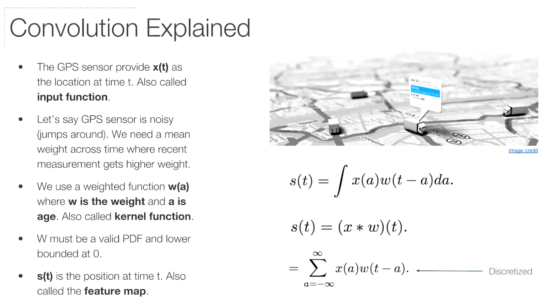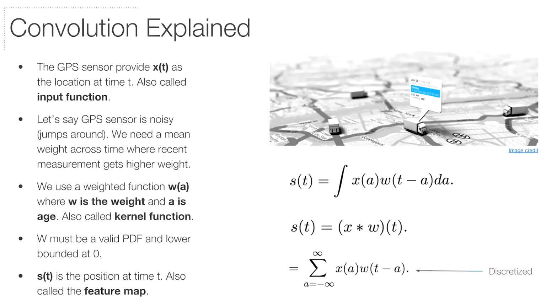And we want to take the latest reading as probably the highest weighted, as in we want to do a weighted average across all those readings in such a way that the age, the most recent, something that is not really aged, needs to be given the highest weight. We'll call that a weighting function, w(a). This weighting function is the kernel function. The weights, the knowledge of what should be considered the most accurate, let's call it the kernel function.